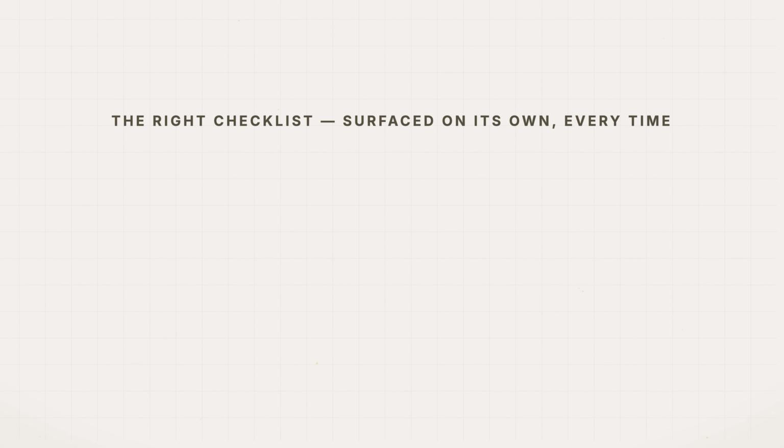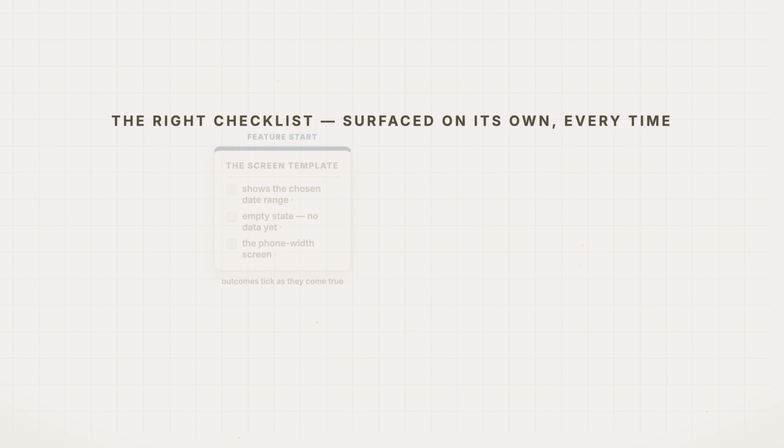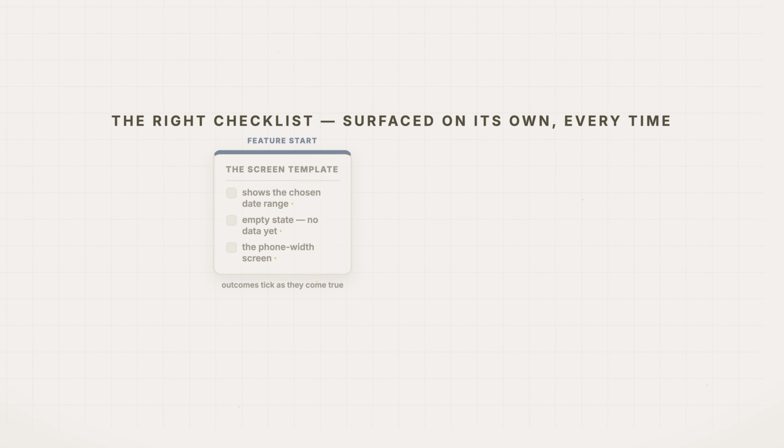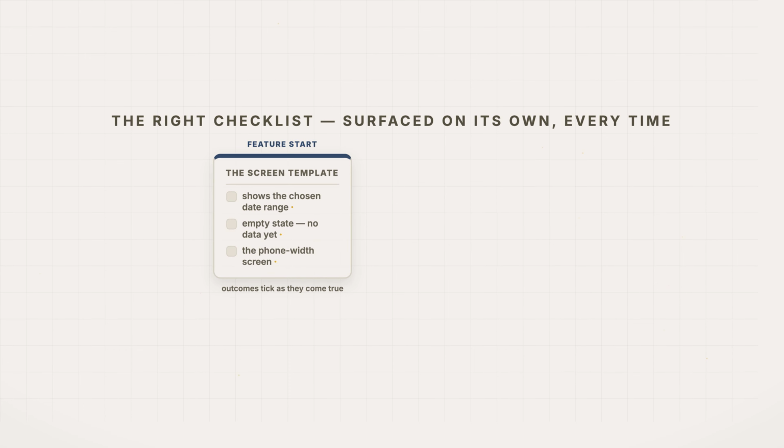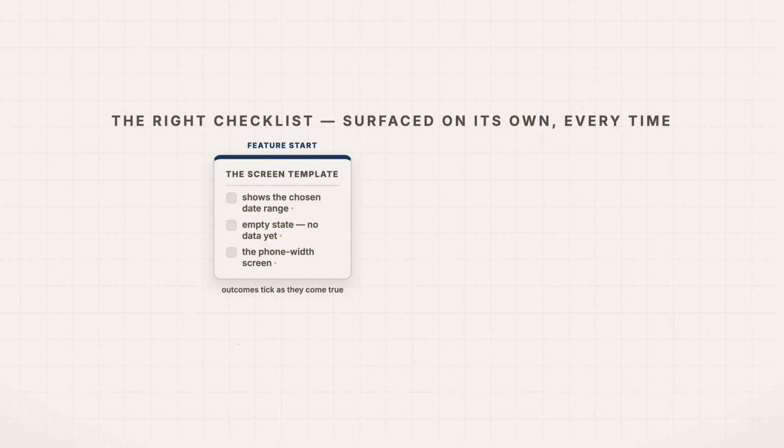And I want to be straight about why this works, because it's not magic, and I won't pretend it is. The AI isn't secretly knowing where your specific bugs hide. The reason the right checks show up is that you did the thinking once. You decided what done means for each kind of work. You wrote it down where the AI can read it, and you stay in the loop to actually run the checks it surfaces.